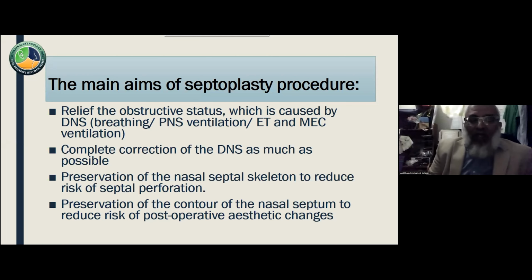One of these issues is the dilemma of improving the technique itself, just to achieve the most optimum outcomes. With the last years' advancement in endoscopic surgery, there are a lot of trials to improve the septoplasty procedure via the use of the endoscopic technique.